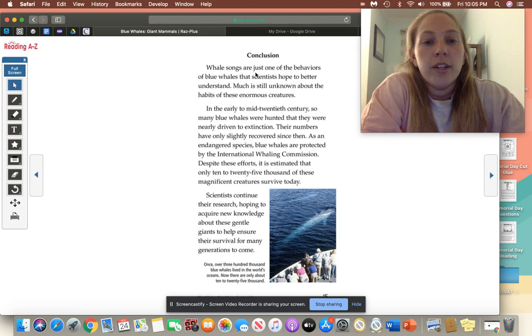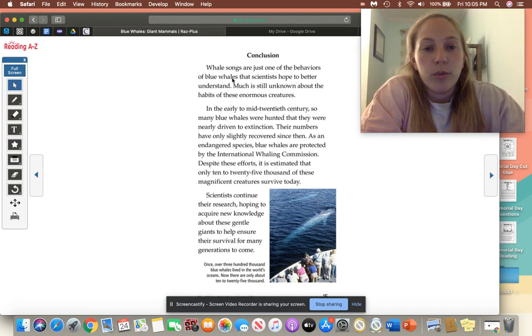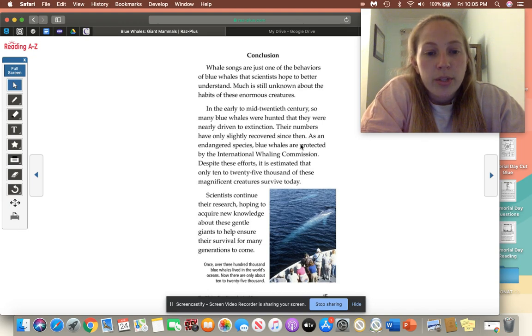Conclusion. Whale songs are just one of the behaviors of blue whales that scientists hope to better understand. Much is still unknown about the habits of these enormous creatures. In the early to mid 20th century, so many blue whales were hunted that they were nearly driven to extinction. Their numbers have only slightly recovered since then. As an endangered species, blue whales are protected by the International Whaling Commission.